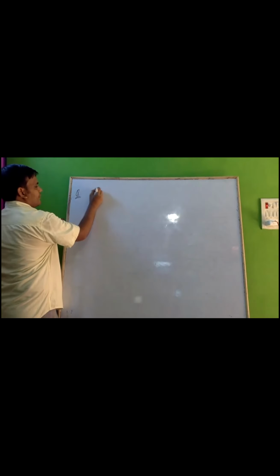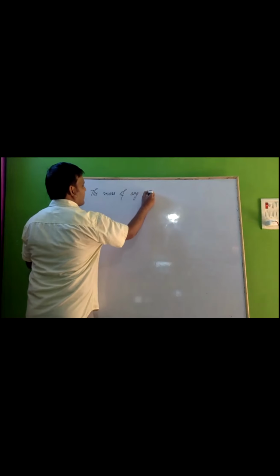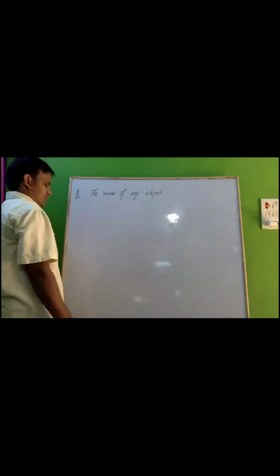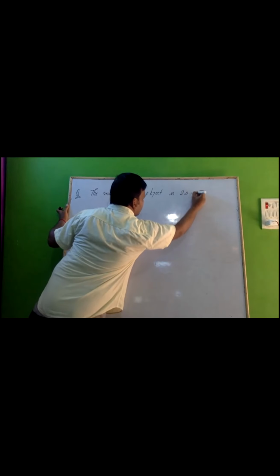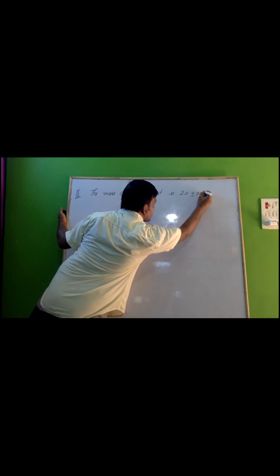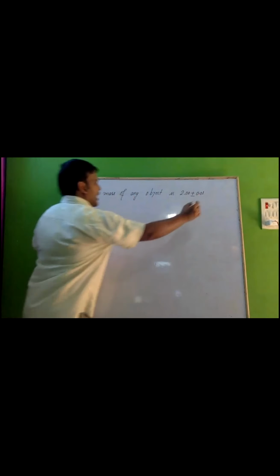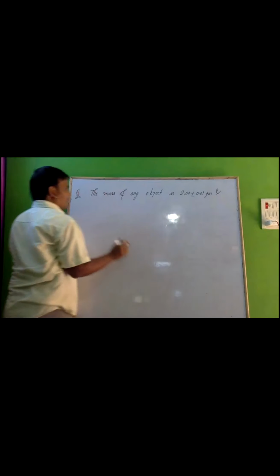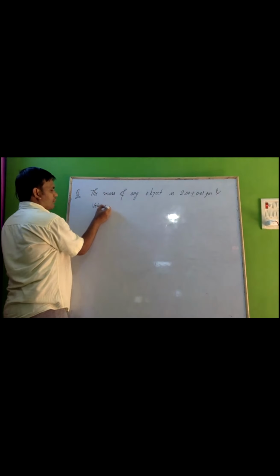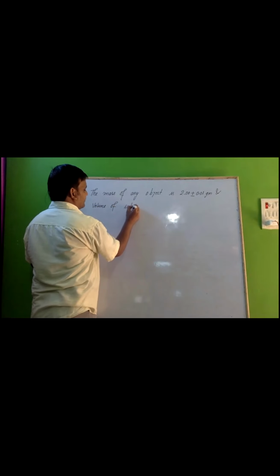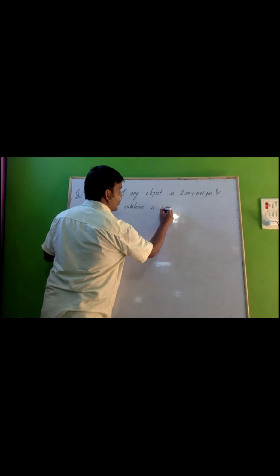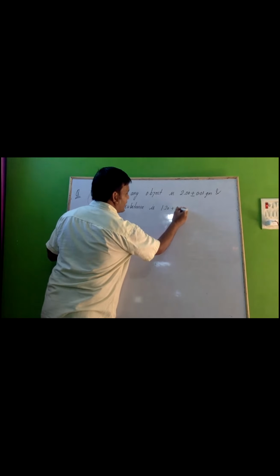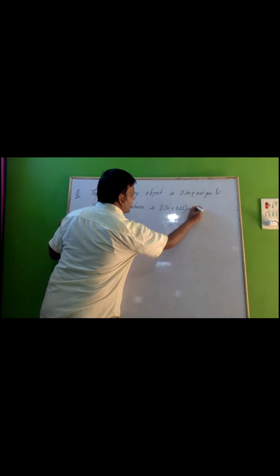Question: the mass of an object is 2.0 plus minus 0.01 gram, and the volume of the substance is 1.20 plus minus 0.02 centimeter cube.